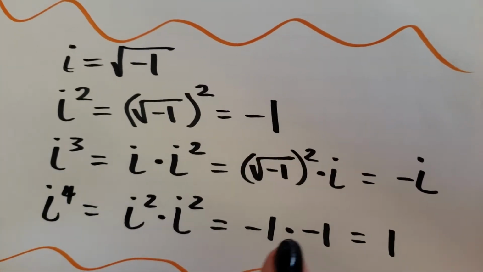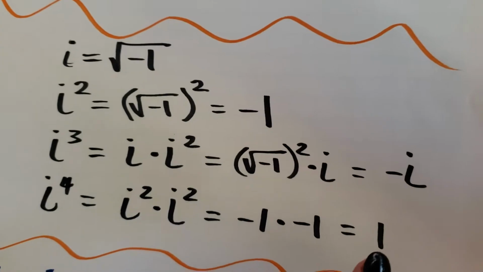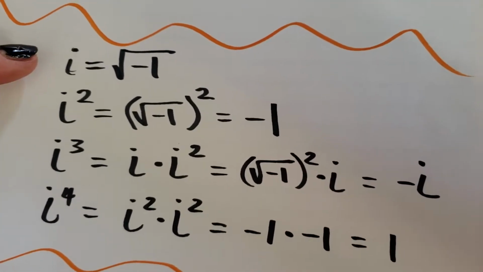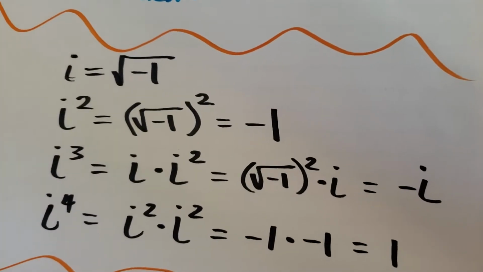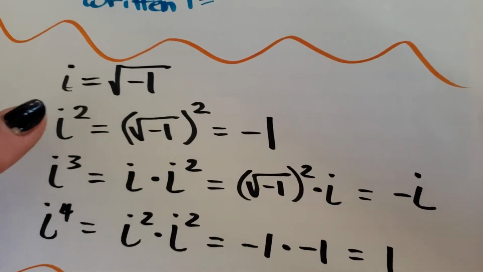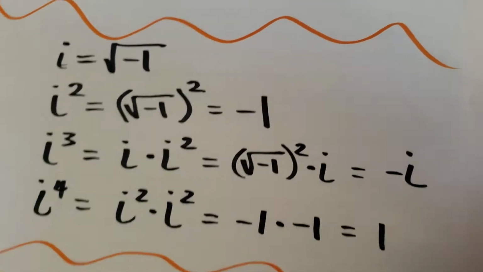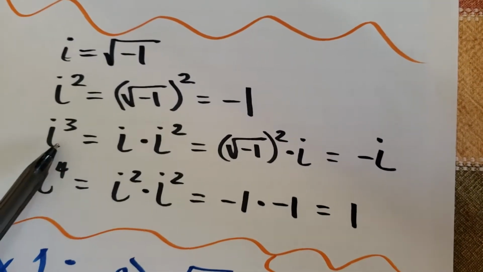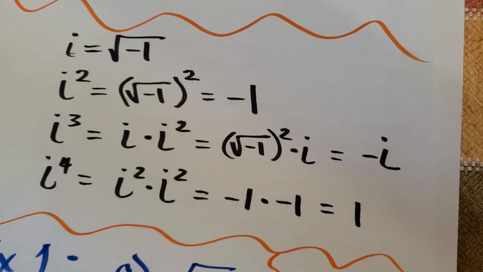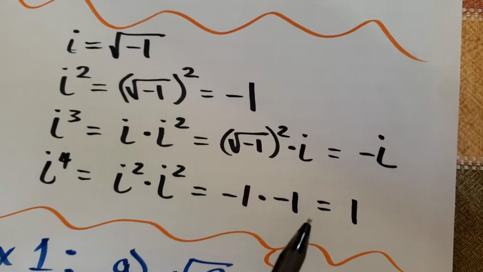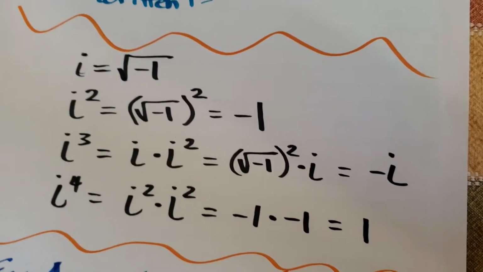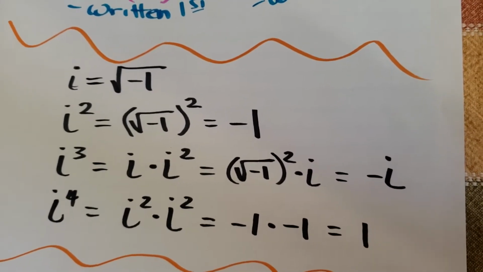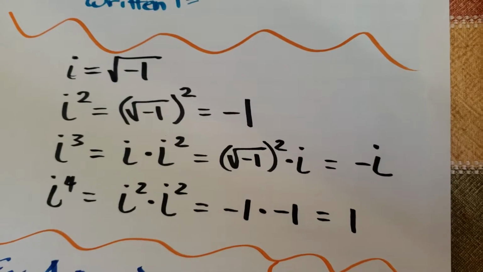So that would be -1 times -1, which is +1. So what is the goal here? Well, i is what we use when we want to take a negative out from a square root. i squared, we will always change into its value, which is -1. i to the third, we would replace with -i, and if we came across an i to the fourth, we would replace it with 1. Now, we also have a repeated pattern of powers of i every 4. That is for another lesson.